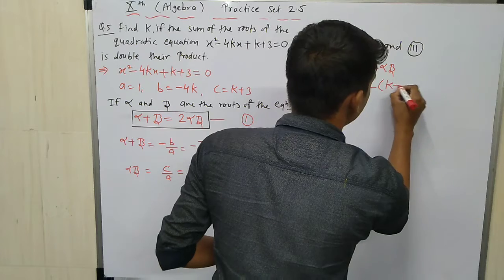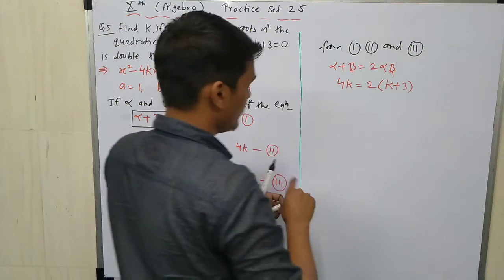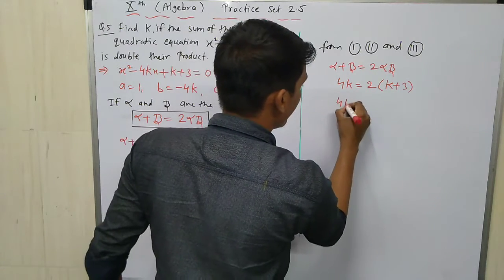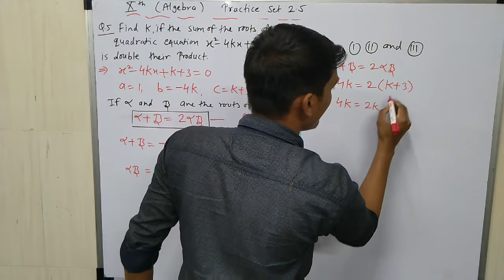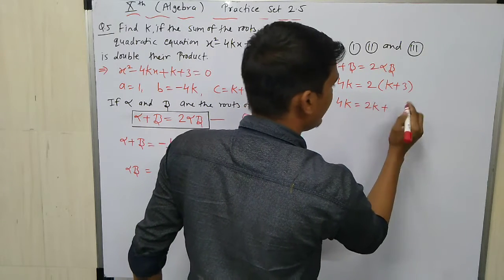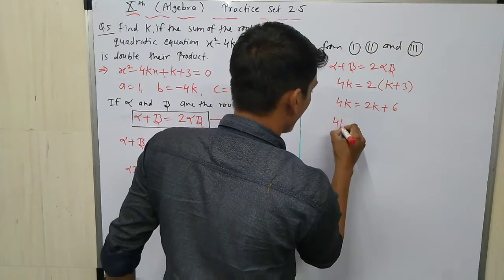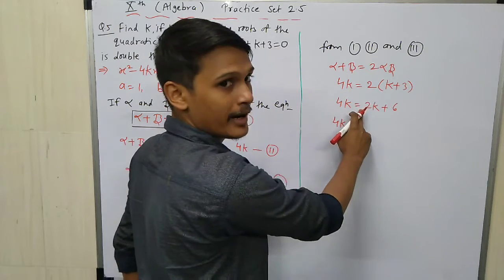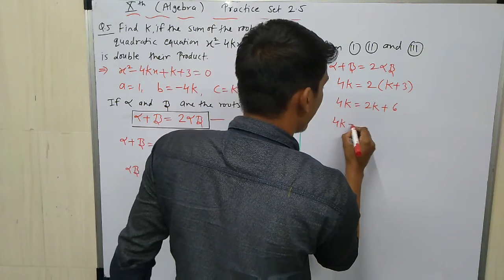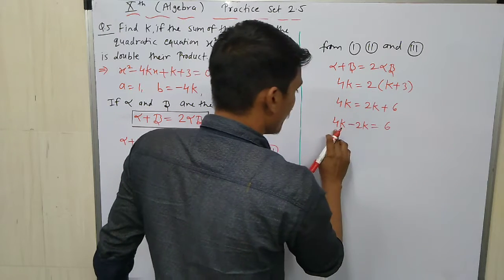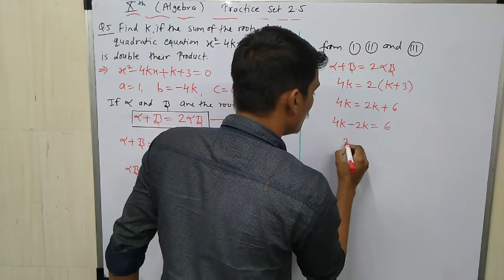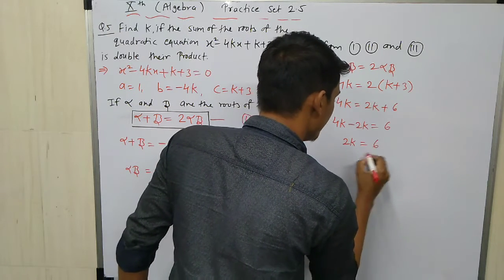You can write down here bracket k plus 3, bracket close. Then solve. 4k is equal to 2 multiplied by k, 2k, and plus 2 multiplied by 3, 6. 4k, there is a positive number, transfer here, minus 2k is equal to 6. 4k minus 2k is 2k, is equal to 6.